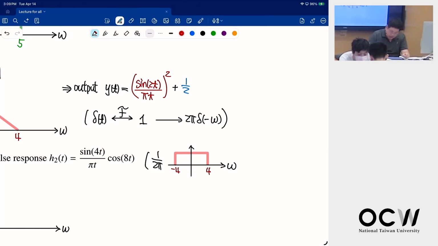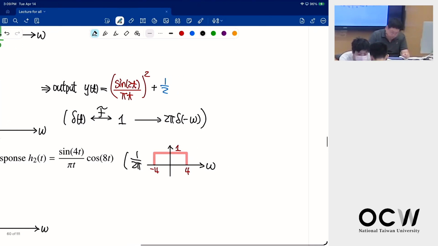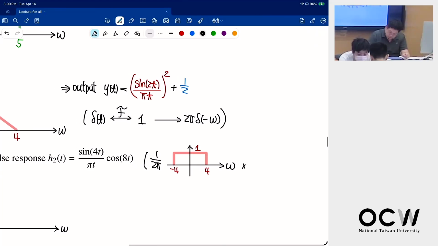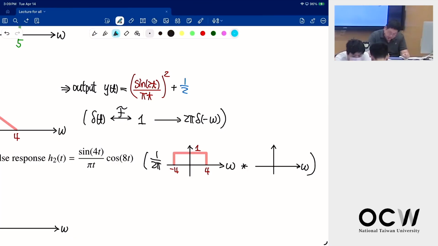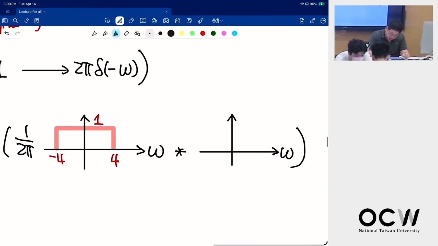And the magnitude is 1. Convolve with cosine. So I have 2 impulses, one at 8 and one at -8.